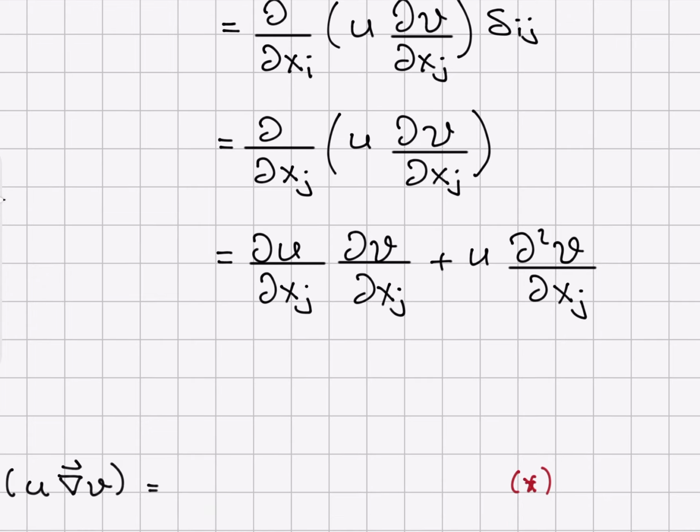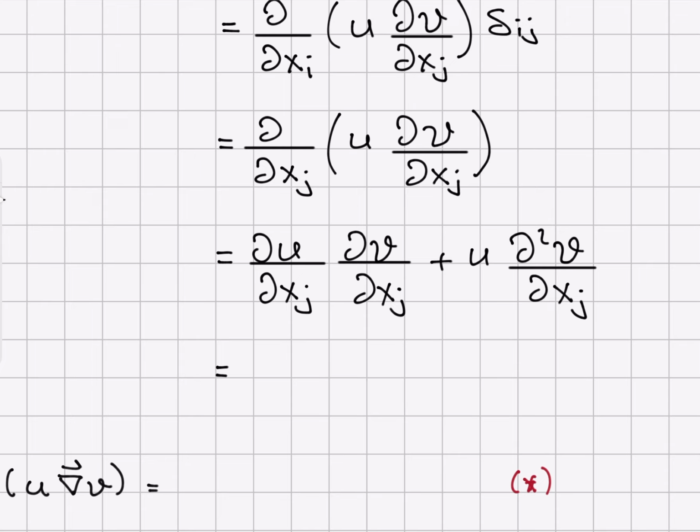Okay, and this is basically equal to, I can now recognize the first term here is ∂u/∂xj and ∂v/∂xj. This is a dot product between two gradient operators.